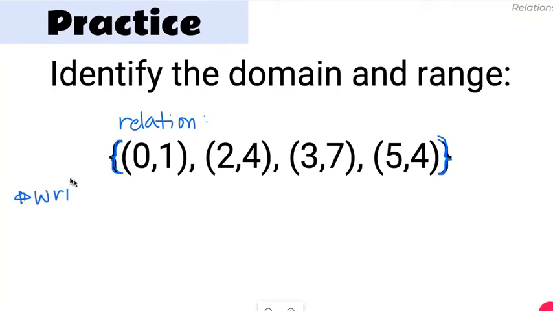So you're going to write a list for the domain, and you'll write a list for the range. The domain numbers are the x values. So I'm going to make a list of the x values.